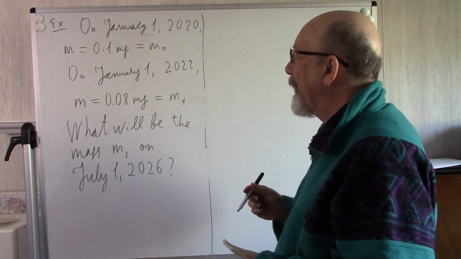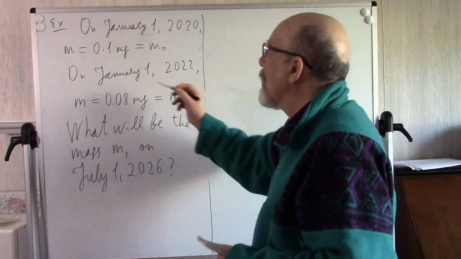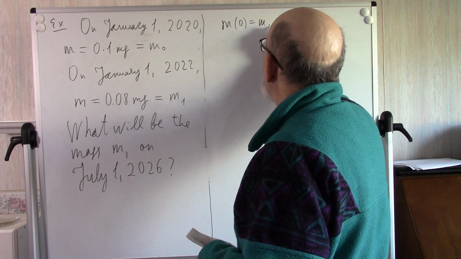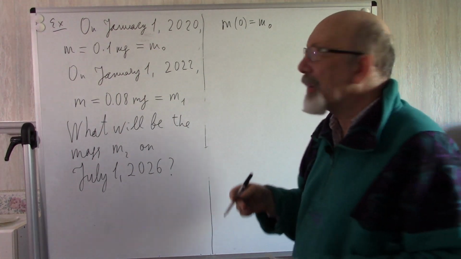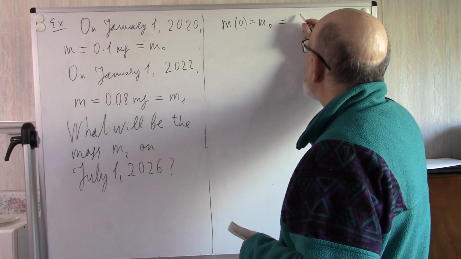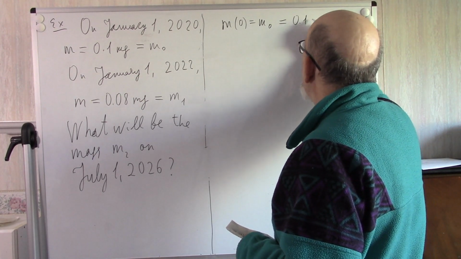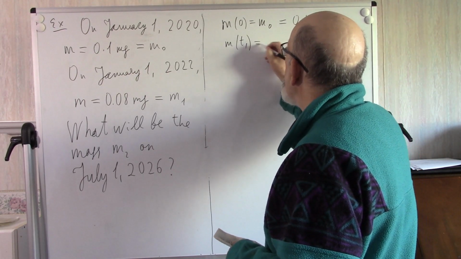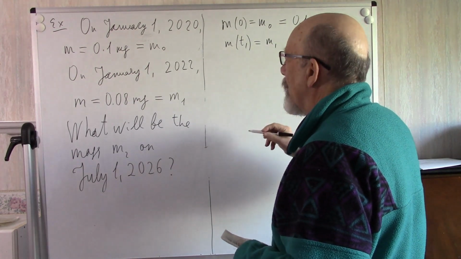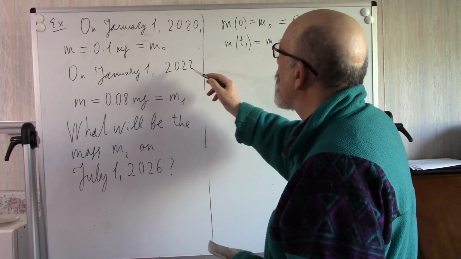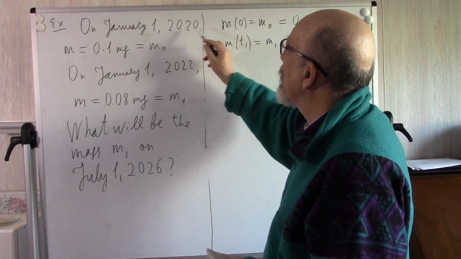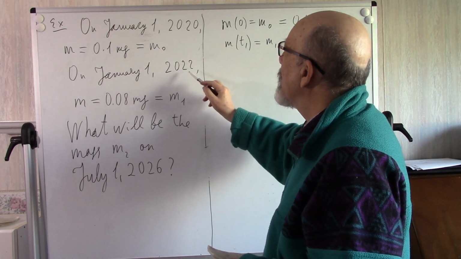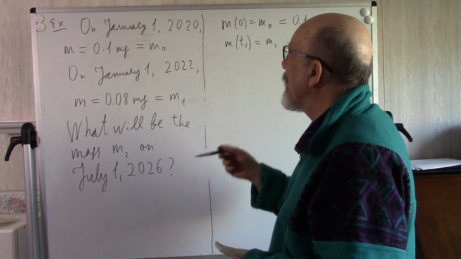So first of all, we have to find K. So we know that M of 0 equals M0, the time is measured in years, equals 0.1. M of T1 equals M1. What is T1? 0 was at 2020 on January 1st. 2022 is 2 years after that.